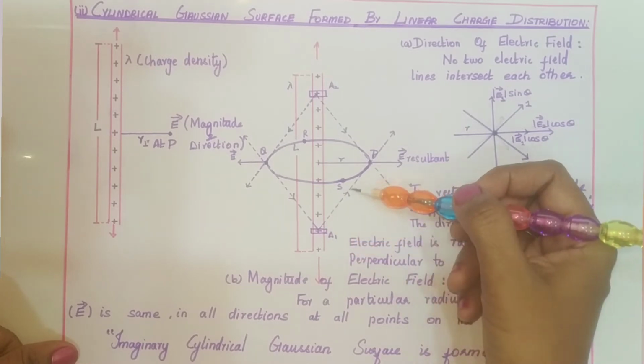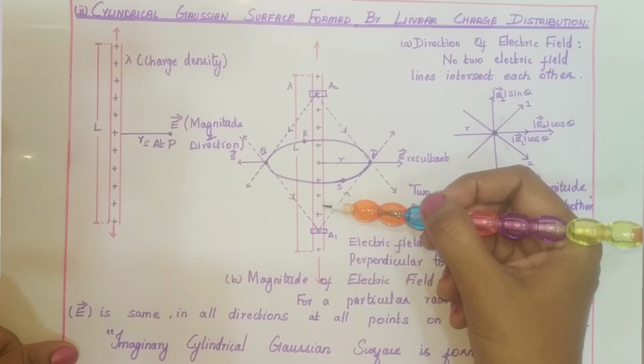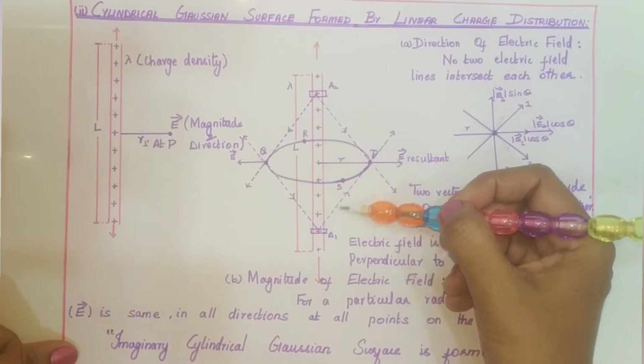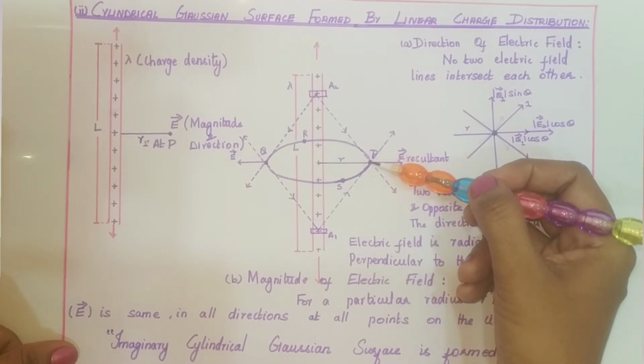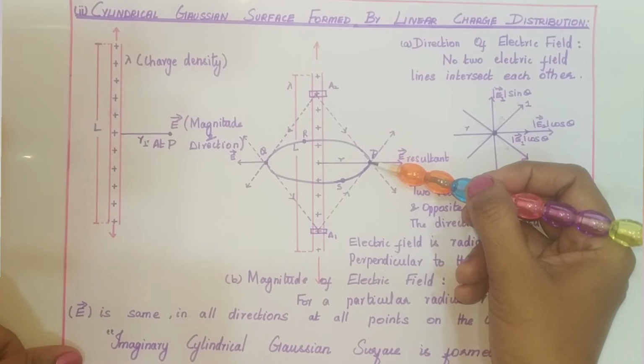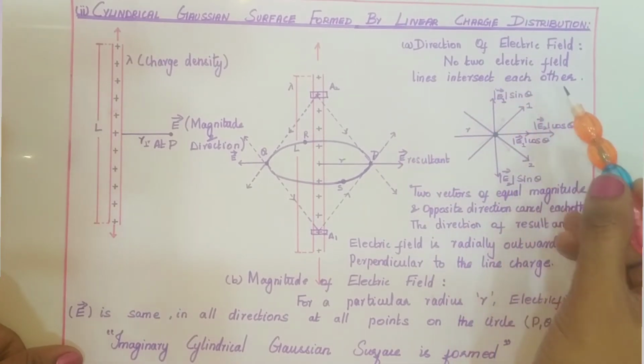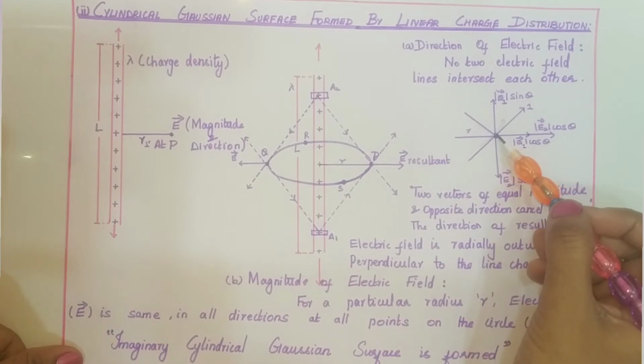And here we have a doubt. The charges are uniformly distributed, so the electric field lines tend to intersect. And we know that electric field lines do not intersect. No two electric field lines intersect each other. Then what is happening here?